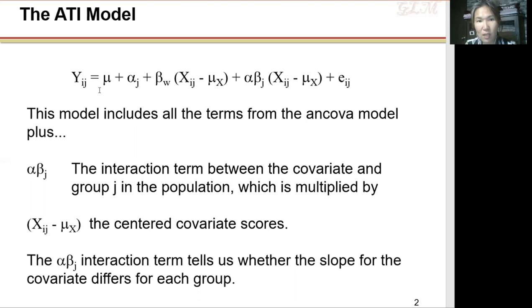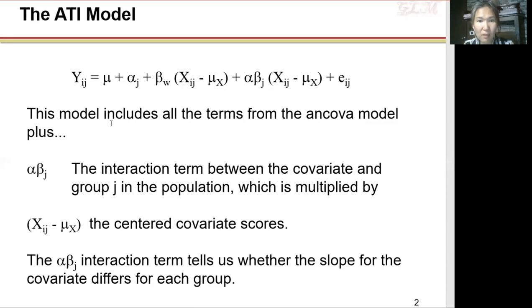So Yij equals beta 0 plus beta 1 x1 plus the covariate part beta 2 x2 plus beta 3, the interaction parameter, times x1 times x2. So multiplication between x1 and x2. So that is interaction, okay? And plus residual.